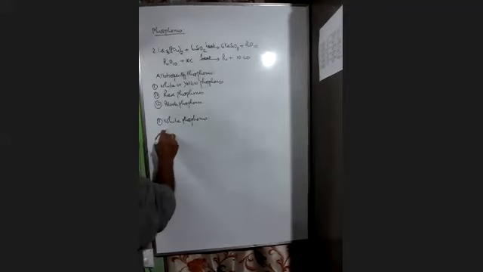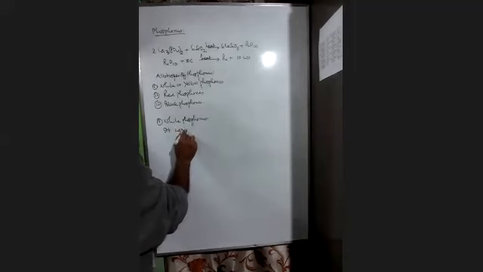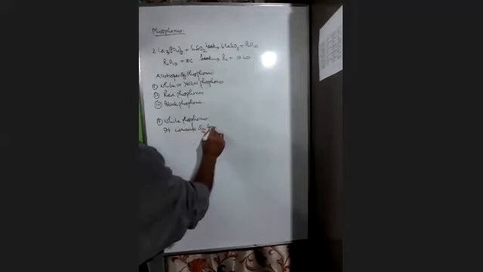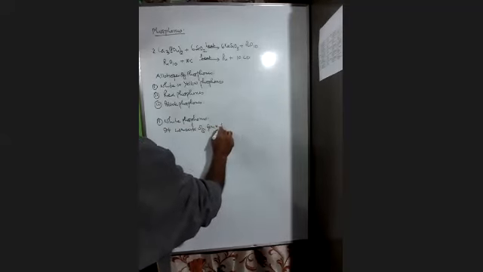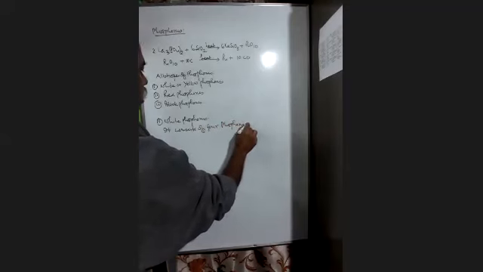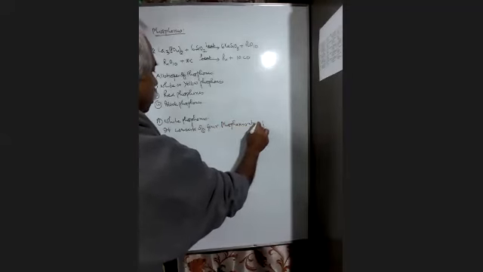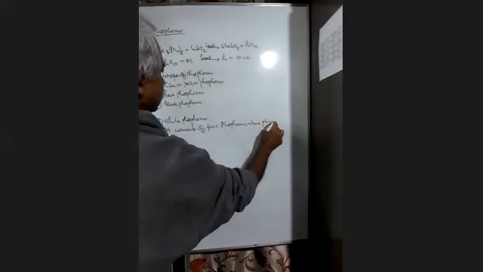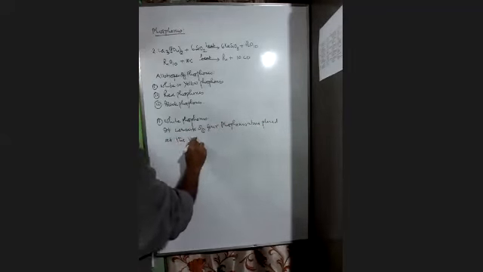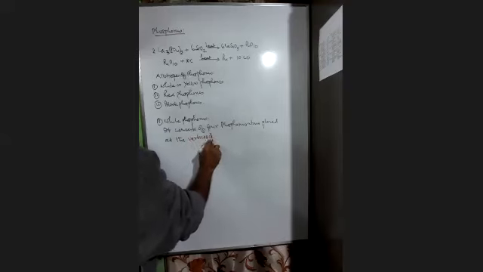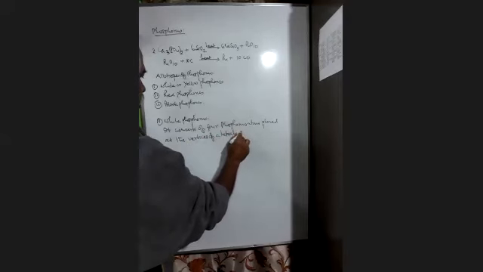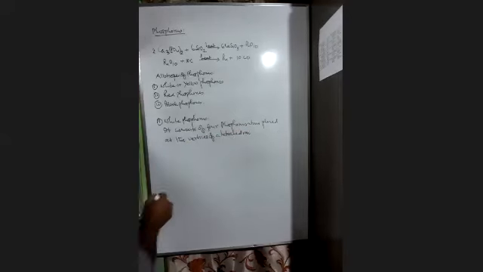It consists of four phosphorus atoms placed at the vertices of a tetrahedron.